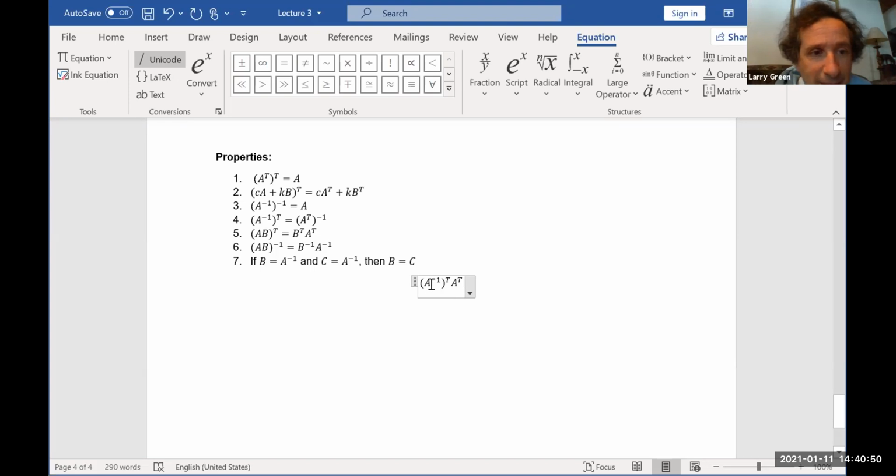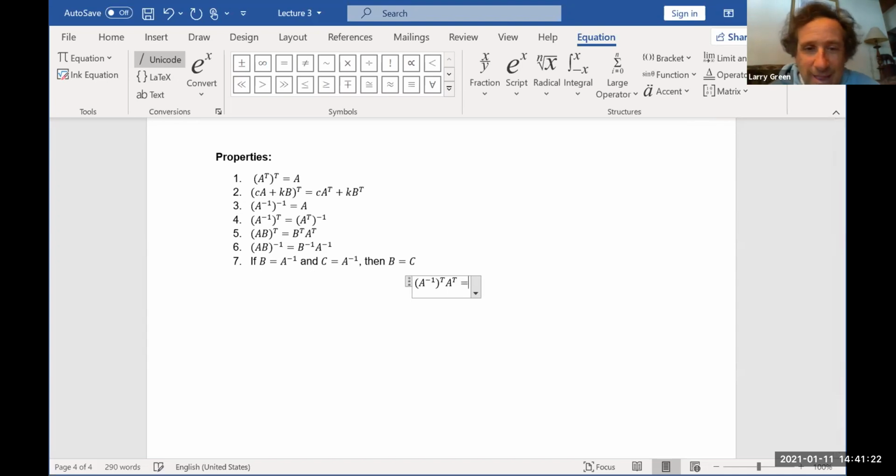Okay, but even better, and I don't know if it's cheating or not. Let's see, I'm on number 4. Yeah, it's kind of cheating because if you use number 5, it's immediate. Because what does 5 say? I think I'm going to prove it with 5 because it's so easy. What does number 5 say? It says that if I read 5 backwards and I take B transpose A transpose, I get AB transpose.